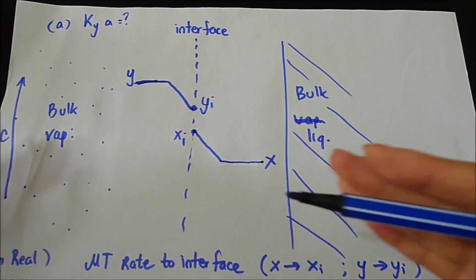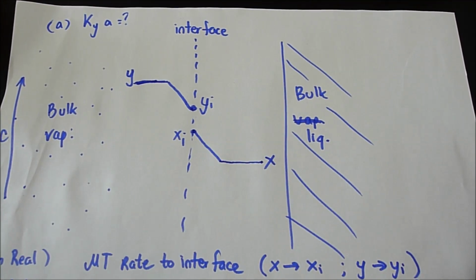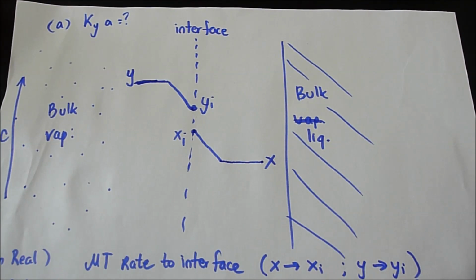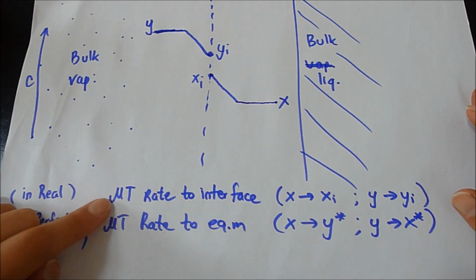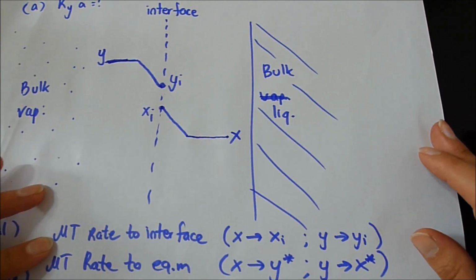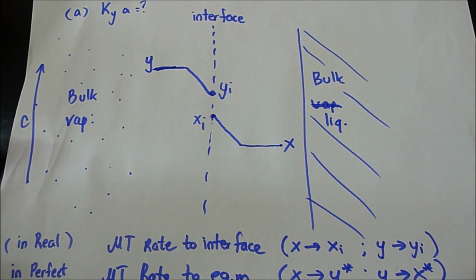So basically they're meeting at the interface, and the mass transfer for the y to yi and x to xi is basically the mass transfer rate to the interface. And also there's a mass transfer rate between the bulk liquid and bulk vapor to the equilibrium.